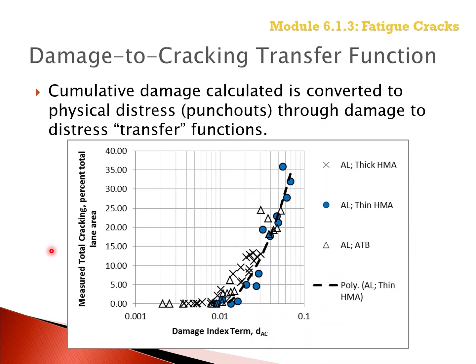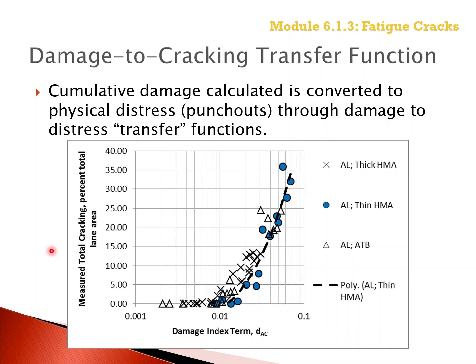The graph included in this slide is the outcome of relating the bottom-up fatigue damage and the percent cracking total lane area measured or observed on actual flexible pavements, predominantly within the long-term pavement performance program.